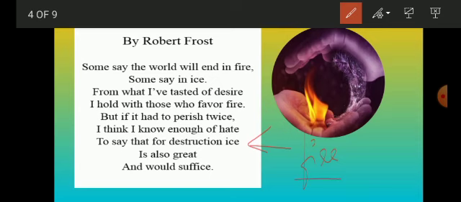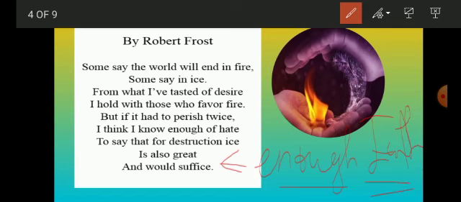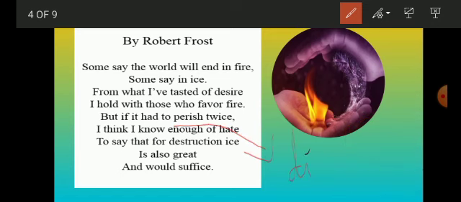Is also great and would suffice. He says that even ice is enough to end the earth, to destroy the earth. So here perish means to die, and suffice means enough or sufficient.